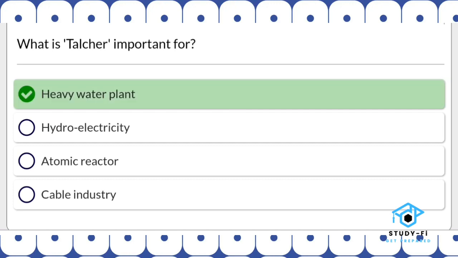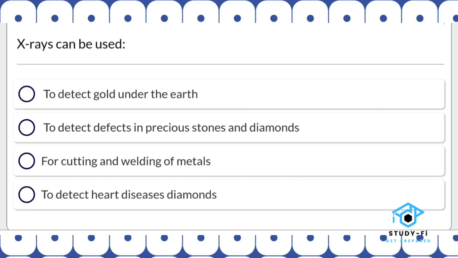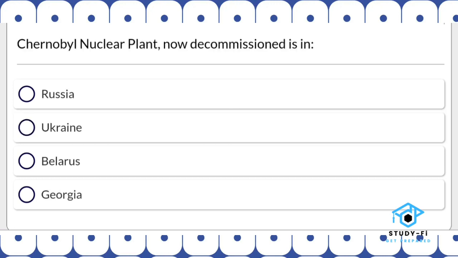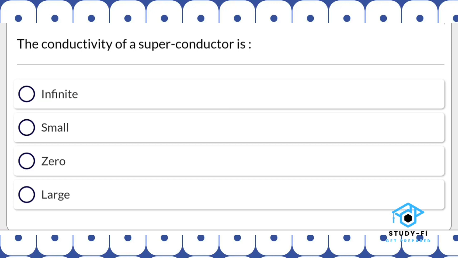Heavy water plant. X-rays can be used to detect defects in precious stones and diamonds. Chernobyl nuclear plant, now decommissioned, is in Ukraine. The conductivity of superconductor is infinite.